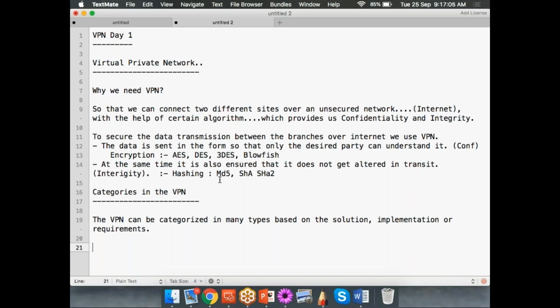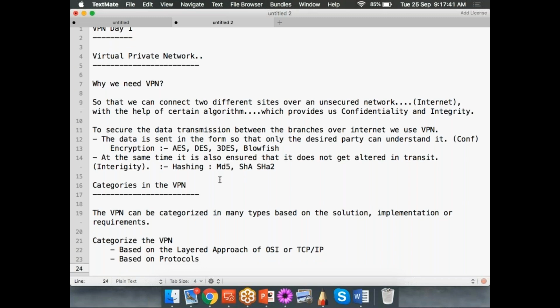So what we're going to do, we're going to categorize the VPN on the basis of two. First, based on the layered approach of OSI layer, based on the layered approach of OSI or your TCP/IP suite. Second, I'm going to do it based on protocols. Okay, two things are there.